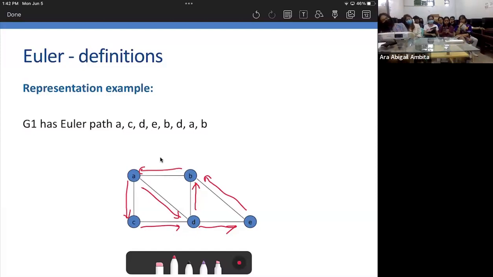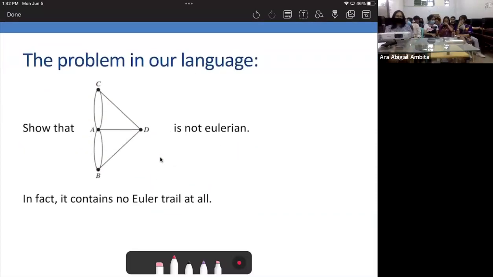Pero sa path, hindi equal yung origin mo sa destination. But sa circuit, makaka-traverse ka lahat ng edges only once, pero babalik ka sa pinanggalingan. So, kanina, the Königsberg problem is not Eulerian.